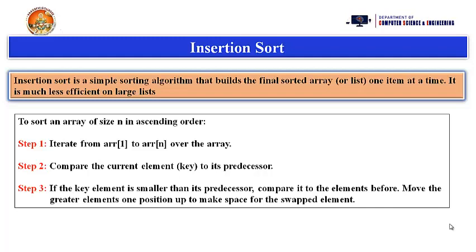Step 3, if the key element is smaller than its predecessor, compare it to the elements before. Move the greater elements one position up to make space for the swapped element. So if it is greater or if it is less, we need to swap the elements there using some temporary variable. So these are the steps we need to follow to sort the elements using insertion sort.